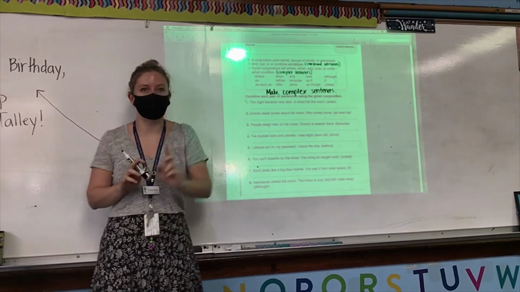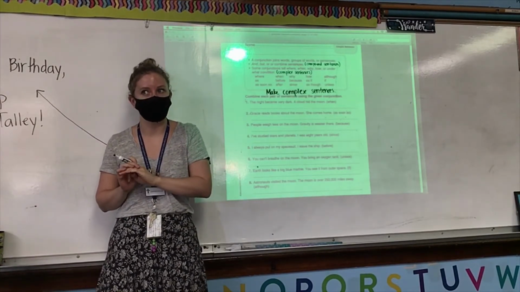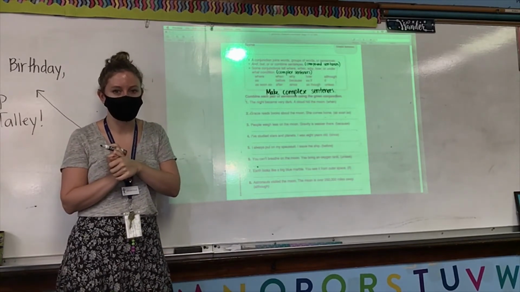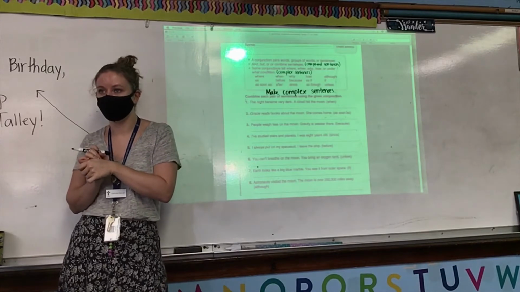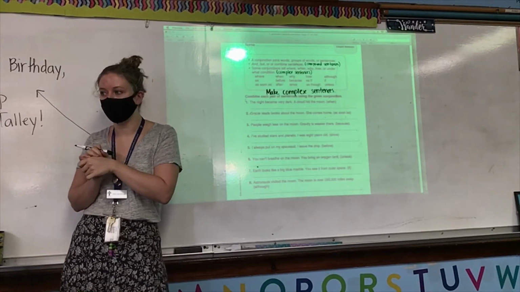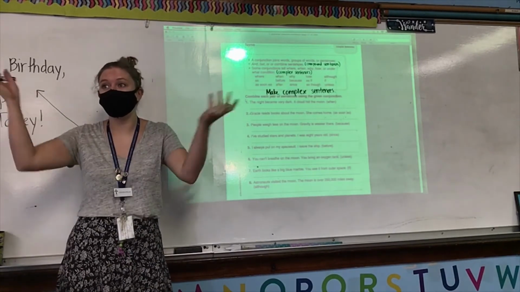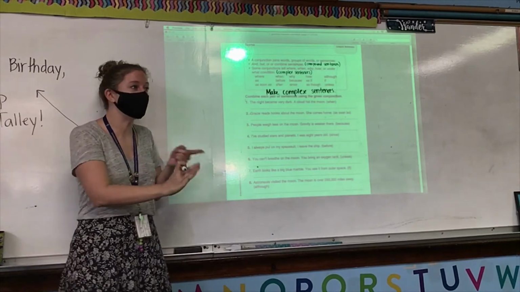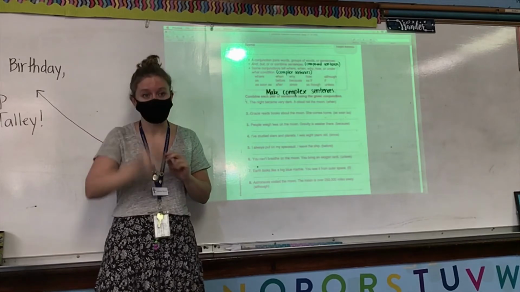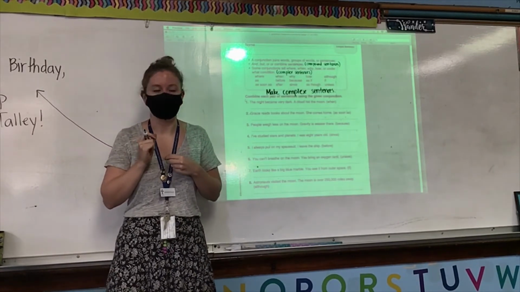If the independent clause comes first, what do we need between the clauses? This may or may not be a trick question. No comma. Nothing. If the independent clause comes first, we don't need anything between the clauses. If the dependent clause comes first, we need a comma between the clauses.